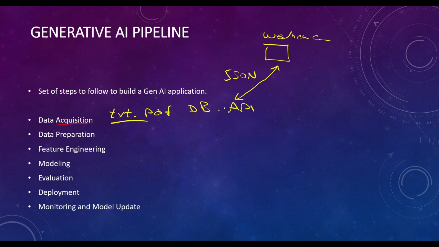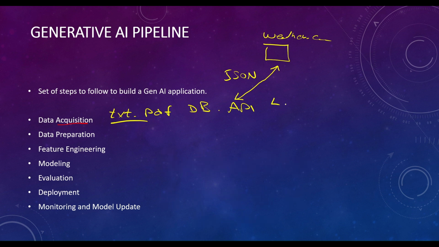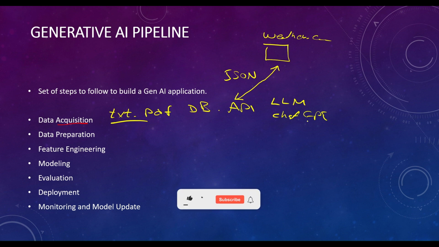If all of these options are not available, another option we have is to directly ask the large language model, for example, ChatGPT. We can just go to ChatGPT and write a good prompt asking ChatGPT to give us the data about any specific subject.